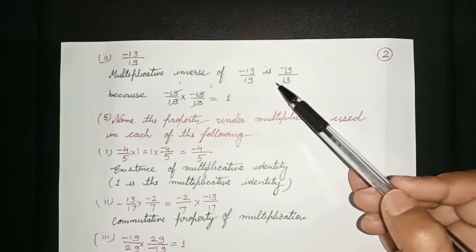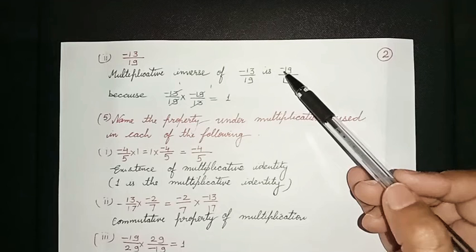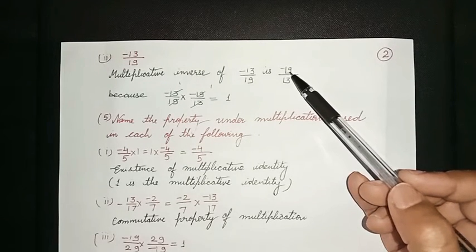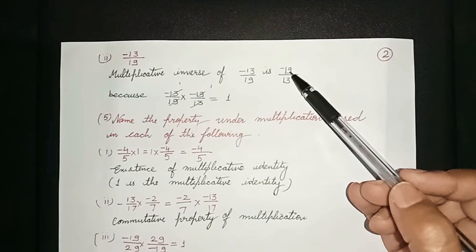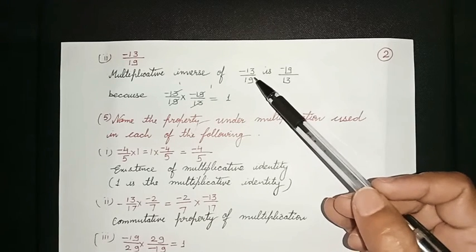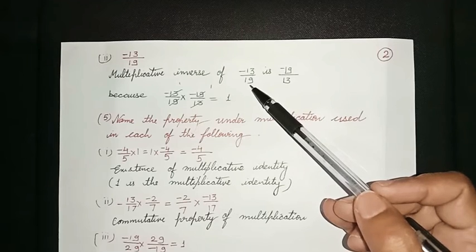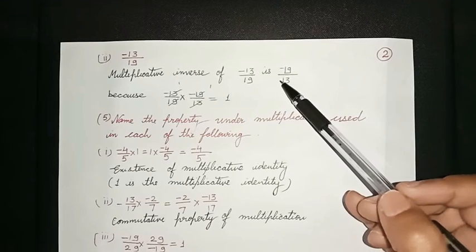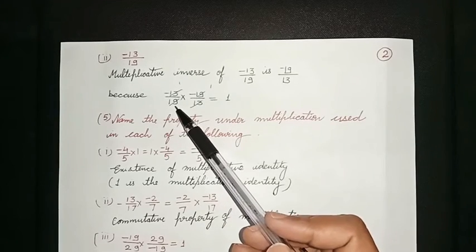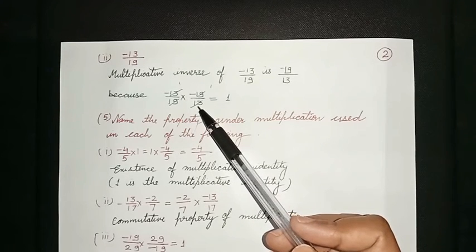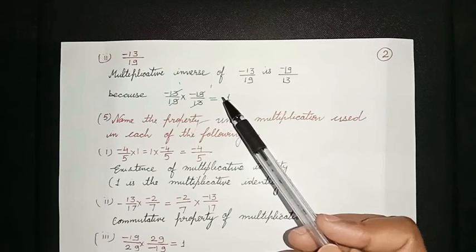We will write it in standard form. So we put the minus with 19, which is the numerator. And minus 19 upon 13 is the multiplicative inverse of minus 13 upon 19. To show this, we will multiply them. Minus 13 upon 19 into minus 19 upon 13. If we solve, we get 1.